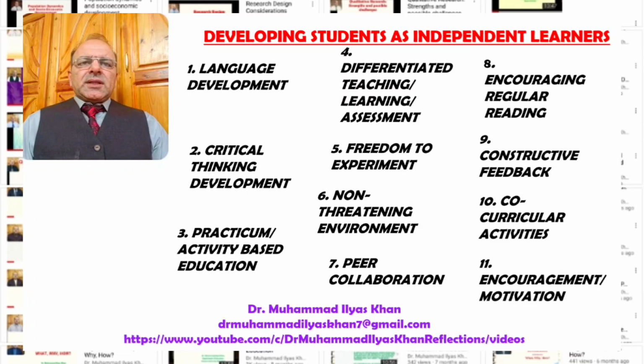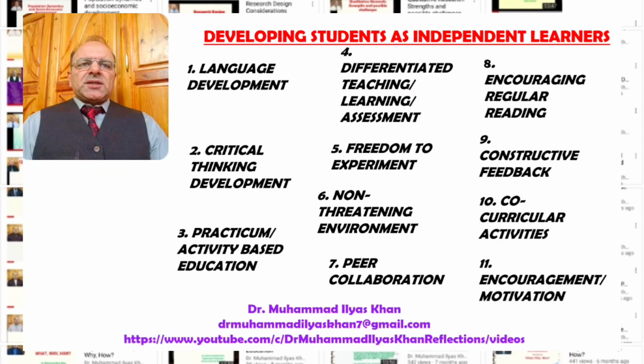The next very important thing that educational institutions need to do is to develop a differentiated learning environment where there is a variety of teaching strategies, a variety of learning opportunities and experiences, and also a variety of assessments, keeping in view the individual differences, the individual environments from which the students come, and also a variety of the students' abilities, skills and aptitudes.